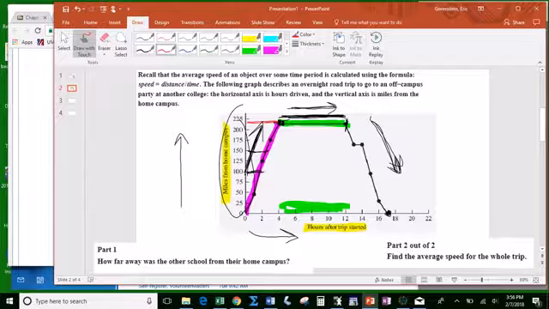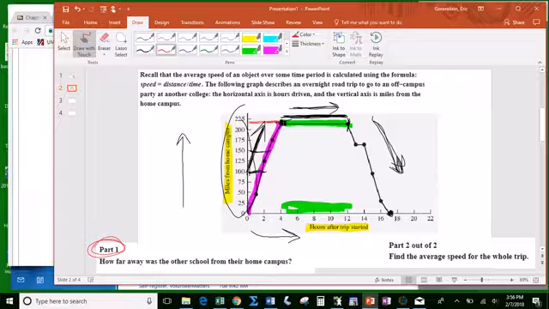So for part A, how far away was the school from their home campus? Looks to be about 215 miles, according to the graph. That's the vertical distance.